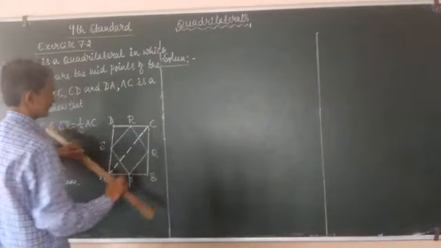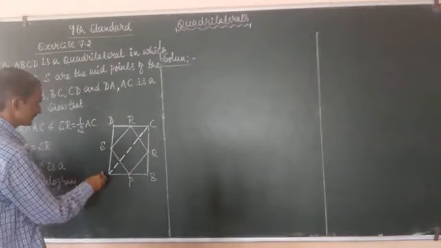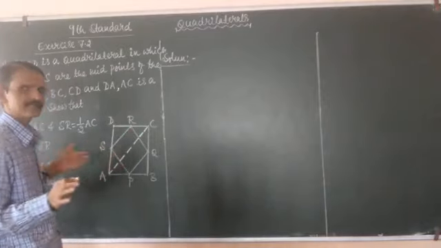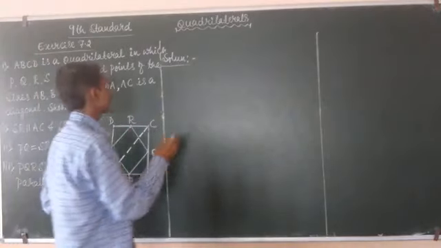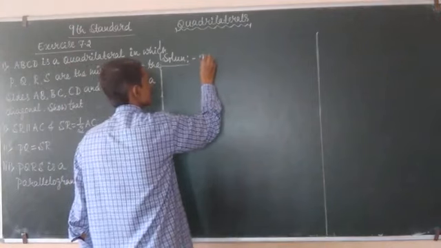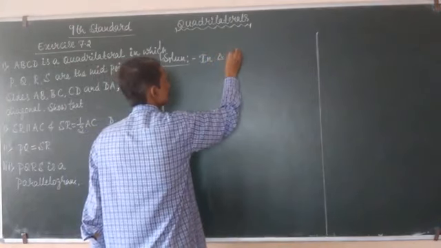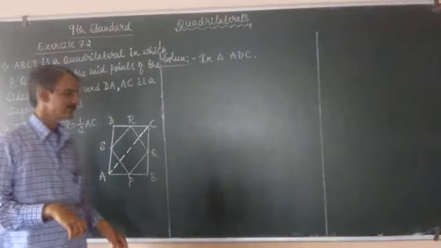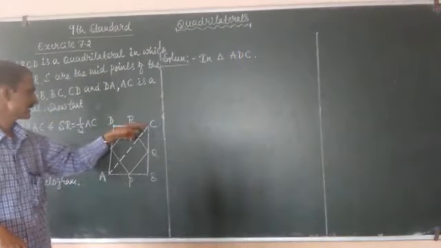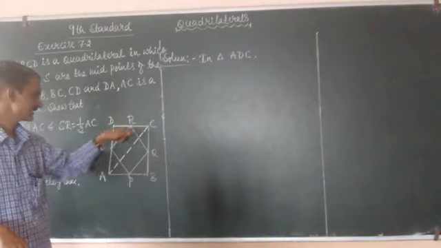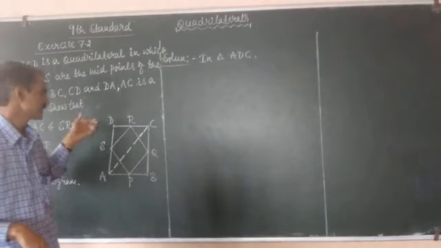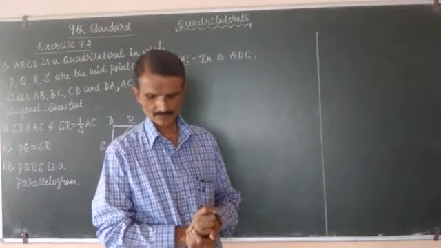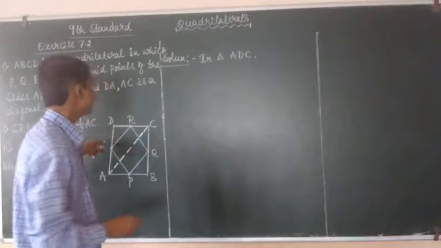What do you call this plane figure? This one, ABC. Yes, it is a triangle. So now we will write, in triangle ADC.